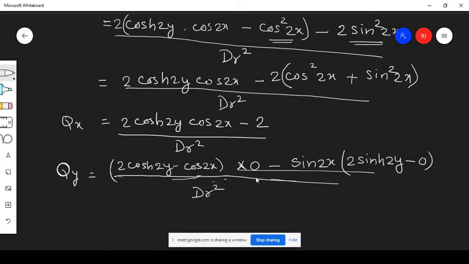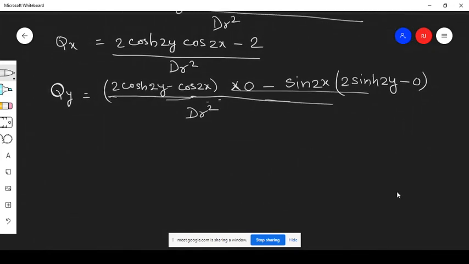So it is denominator into derivative of numerator minus numerator into derivative of denominator, upon denominator square. Then that is equal to, just simplify this. Here this into 0 means the whole term is 0.